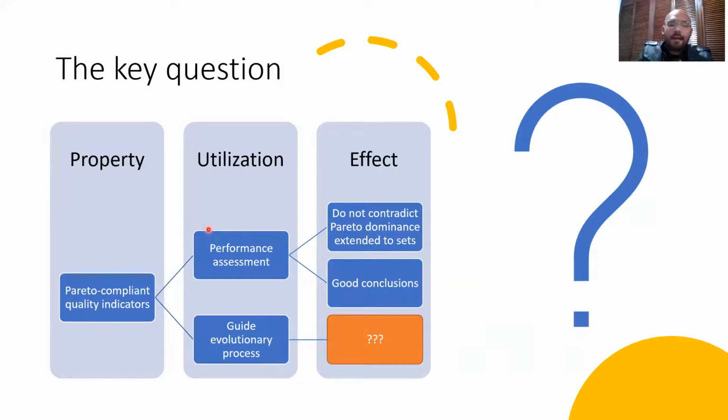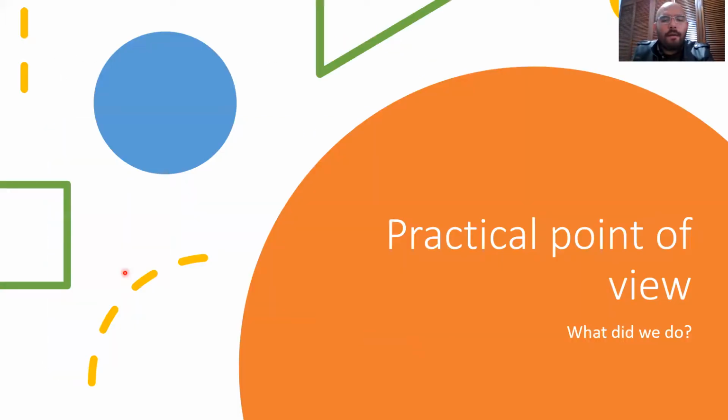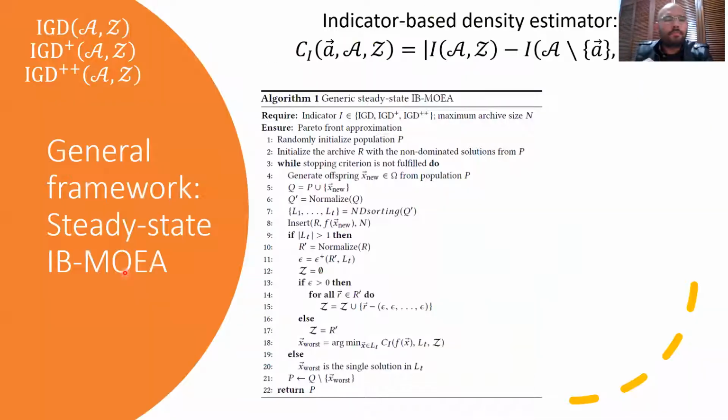But in the case of guiding the evolutionary process of a MOEA, we don't really know the practical effect of this Pareto compliance. So the idea of this research is to define the practical effect of Pareto compliance.